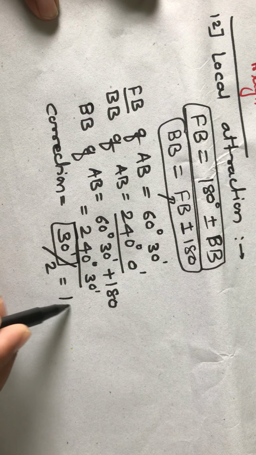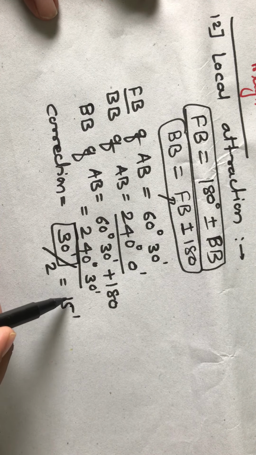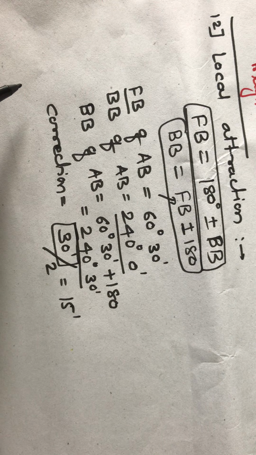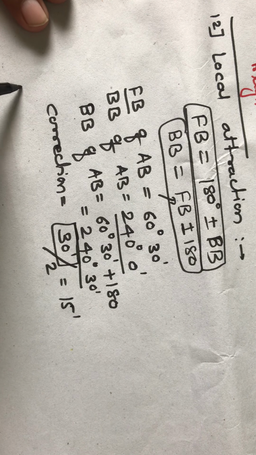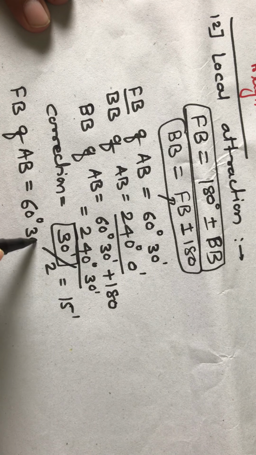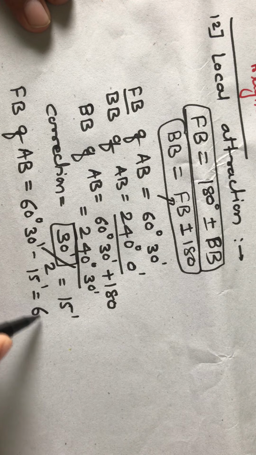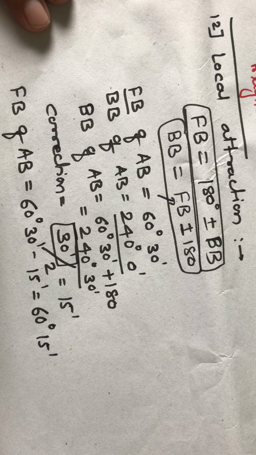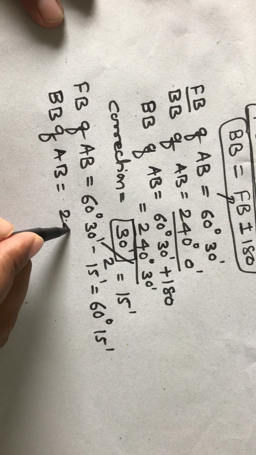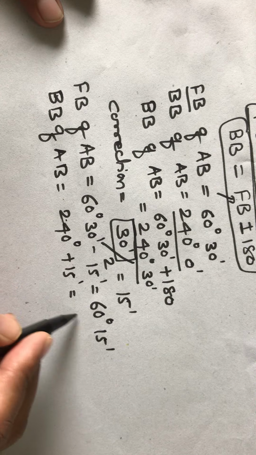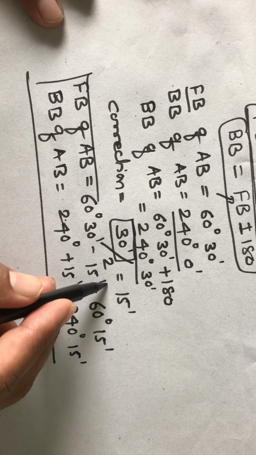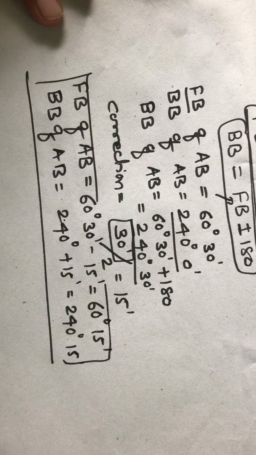Half of this is 15 minutes. So we subtract 15 minutes from the forebearing and add 15 minutes to the back bearing. The forebearing of AB equals 60 degrees 30 minutes minus 15 minutes, which is 60 degrees 15 minutes, and the back bearing of AB equals 240 degrees plus 15 minutes, which is 240 degrees 15 minutes. Now the difference between these two is exactly 180 degrees.